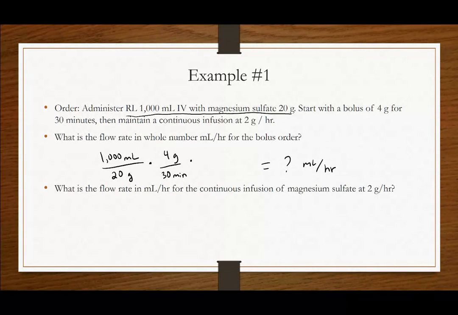Since we want our rate to be in hours, we can use a conversion of 60 minutes for every 1 hour to determine the number of grams per hour being administered. When we multiply that by the solution, we should get the number here for the milliliters per hour desired. If we punch this out in the calculator, we should get that 400 milliliters of solution is delivered every hour for the recommended administration.